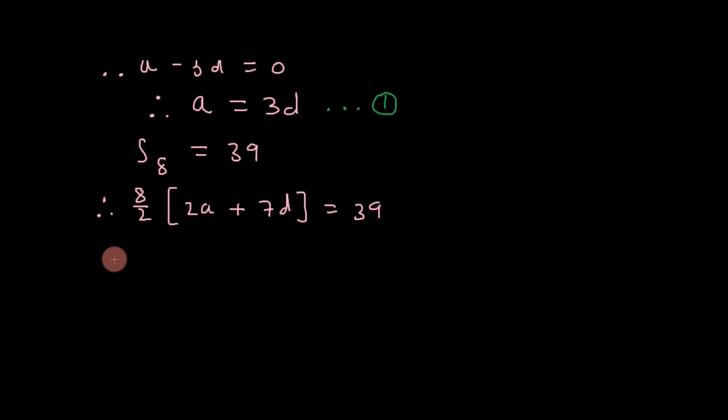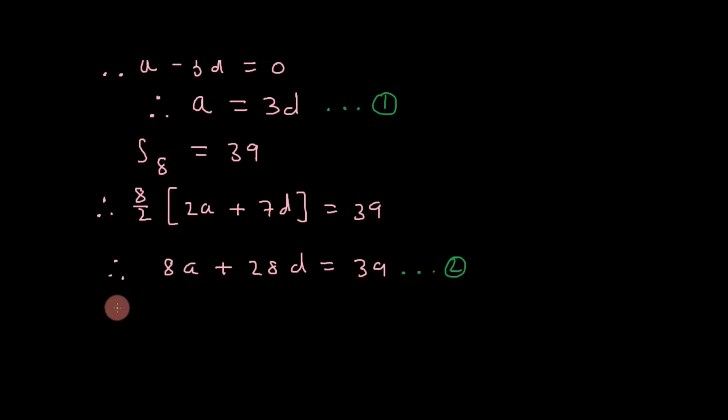Of course, 8 divided by 2 is 4, and we can multiply the 4 into the square brackets. So 4 times 2a is 8a, and 4 times 7d is 28d. We can call this equation 2.